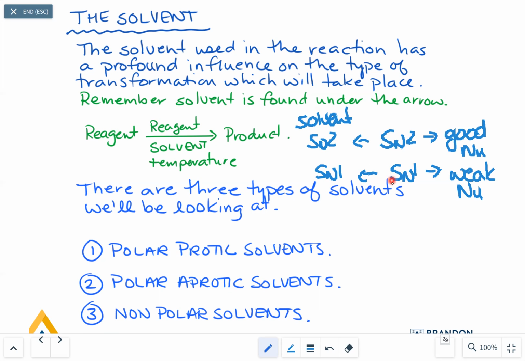We wouldn't do an experiment in which you use a weak nucleophile and then use a solvent which would promote SN2, because you're working at cross purposes there.